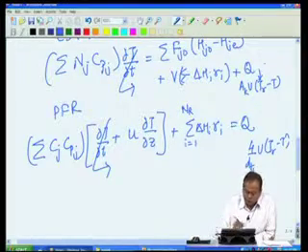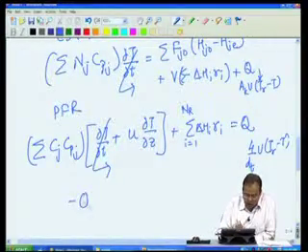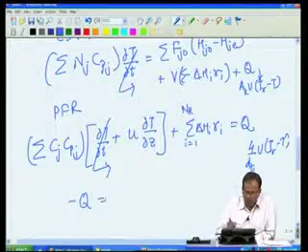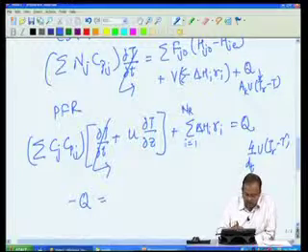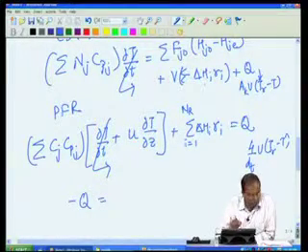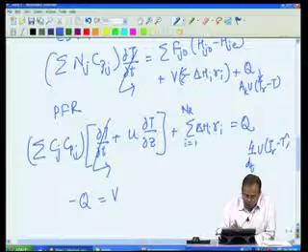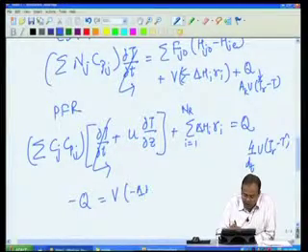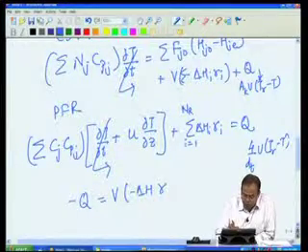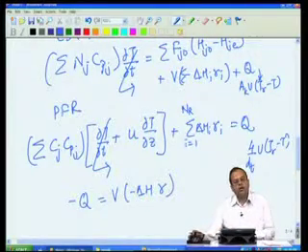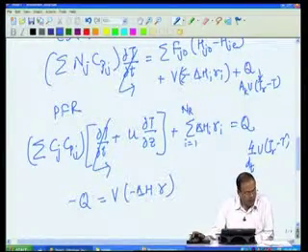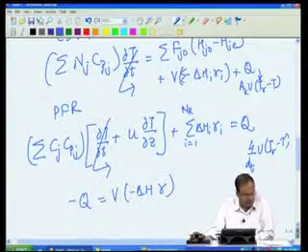According to this energy balance, minus Q, which is our UA into (T minus Tr), must be the same as V into (minus delta H) into R, the rate of reaction, because we are assuming an isothermal reactor.